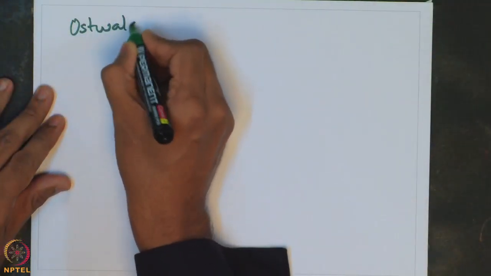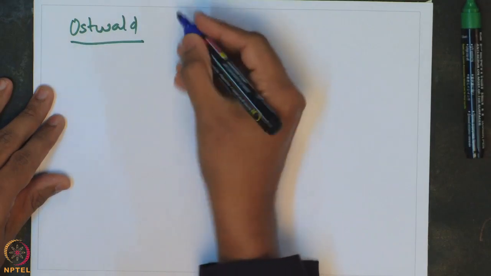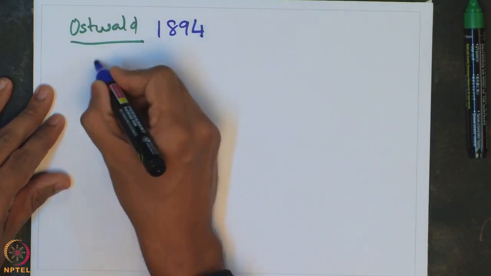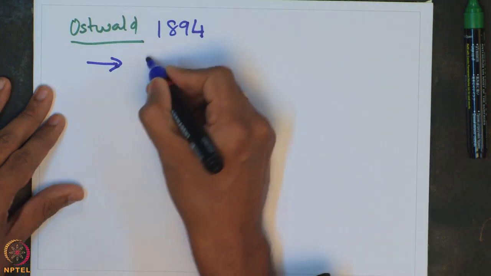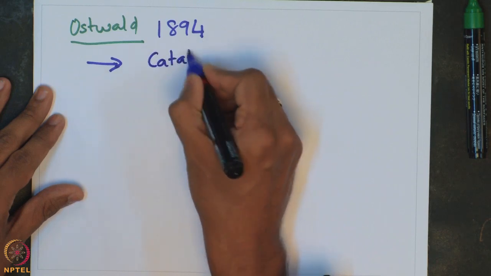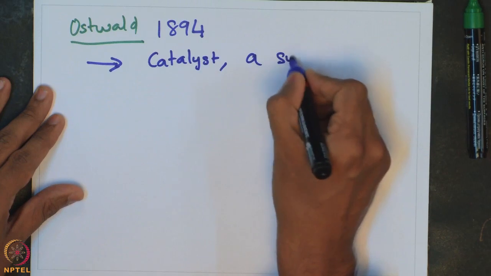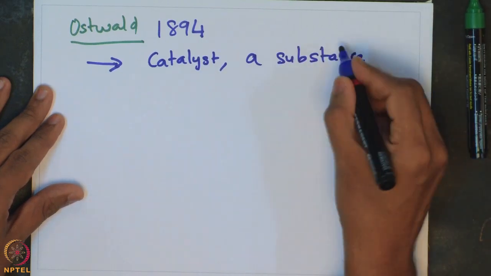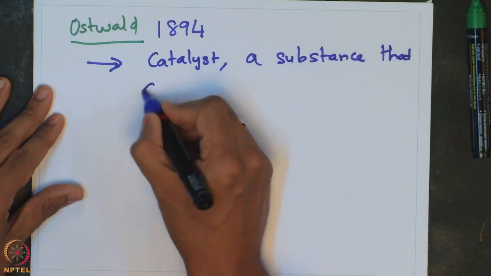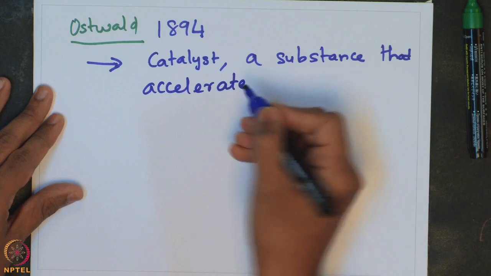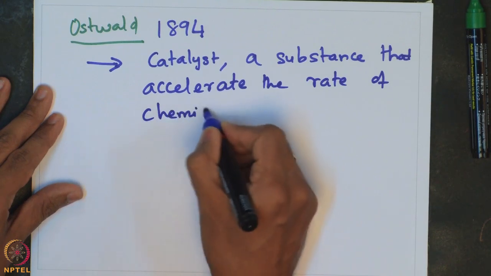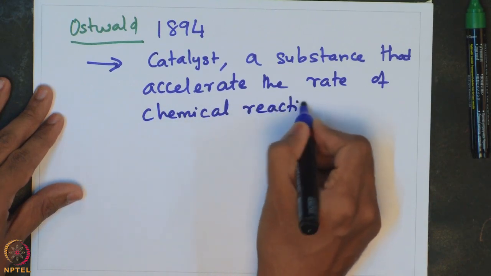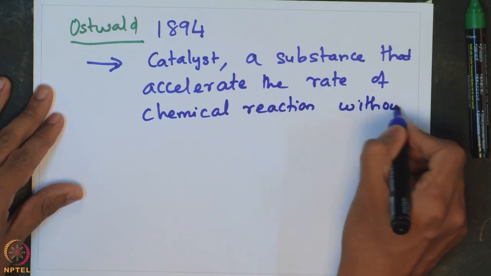Ostwald in 1894 suggested that this process, which was termed as catalytic, was a situation where the catalyst is a substance that accelerates the rate of chemical reactions without being consumed.